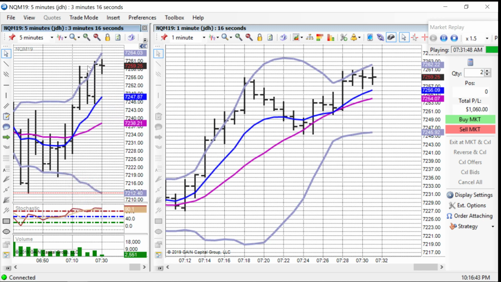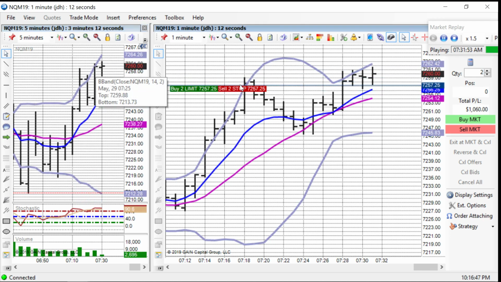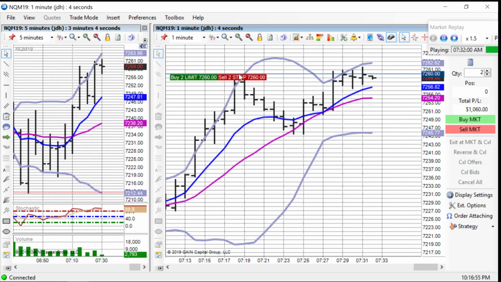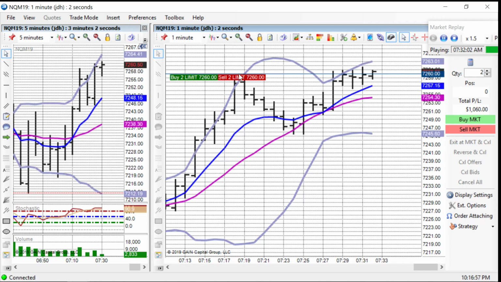So this is sort of acting like a ceiling or a resistance area. You can really see it here on the 1-minute chart. If my cursor is set at a ceiling, it looks like it's not making it through that too well.